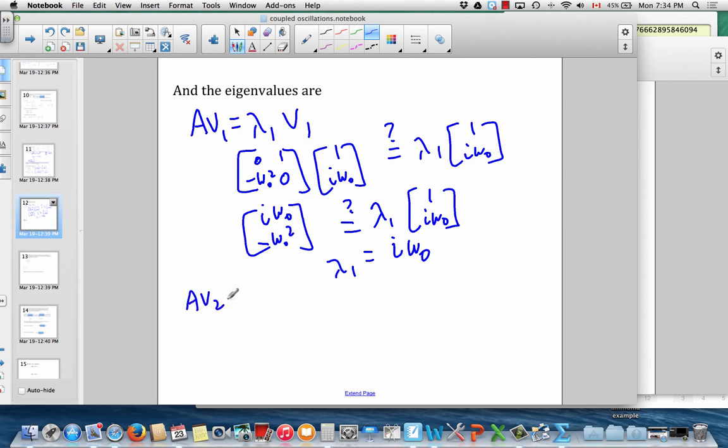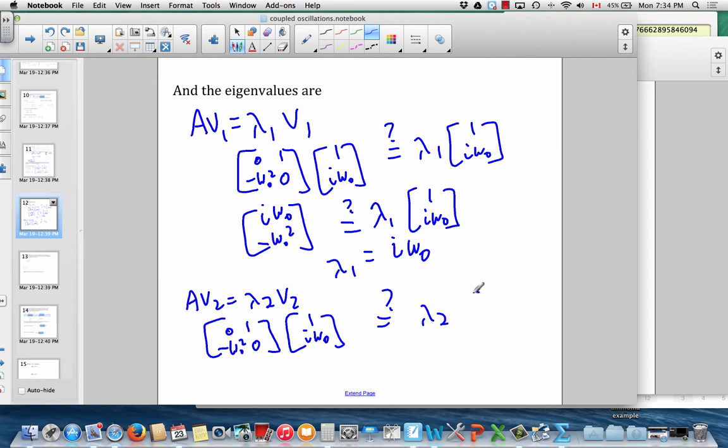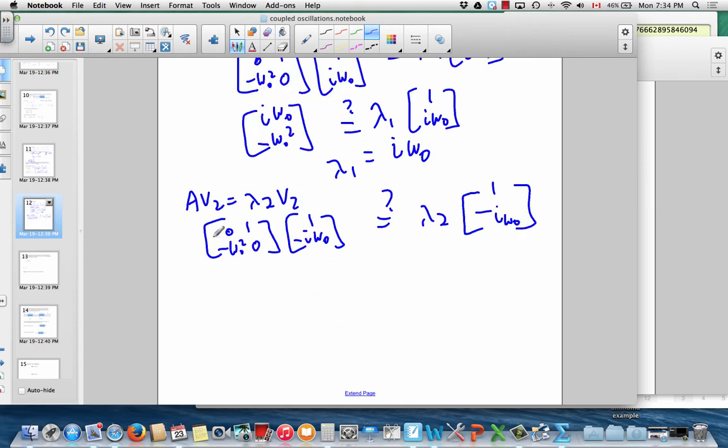Let's find the second one. So here is the matrix of coefficients that correspond to our differential equation. And then this is the second eigenvector, 1, minus i omega naught, sorry. So multiplying here, we get minus i omega naught.